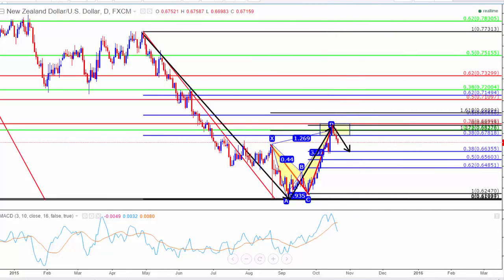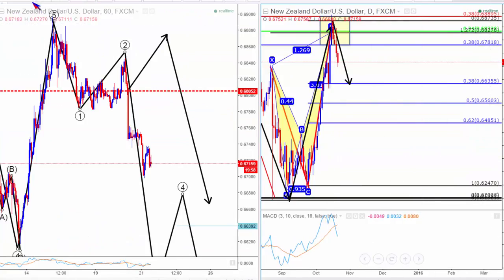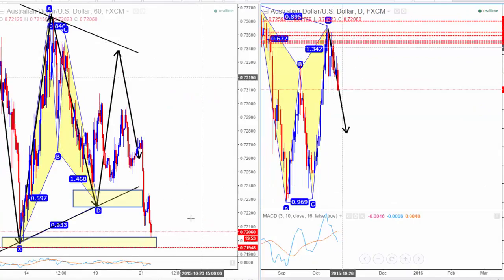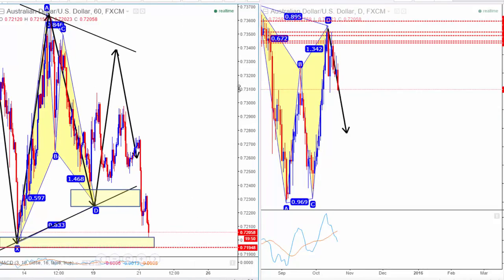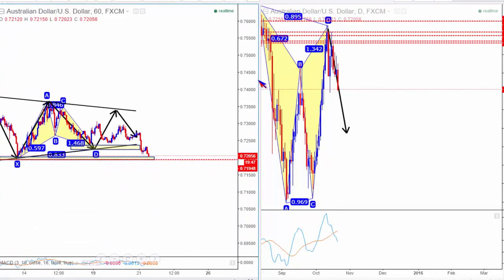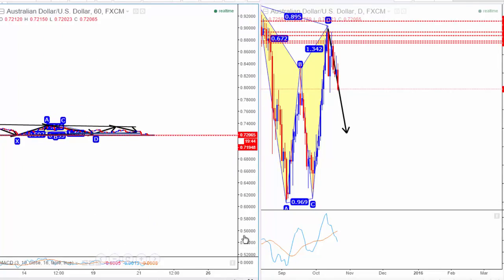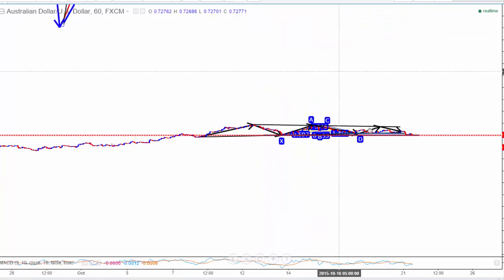But let's go back to that other chart just so you see what we're looking at. Uh-oh, hope I didn't screw it up. Oh no. There we go.